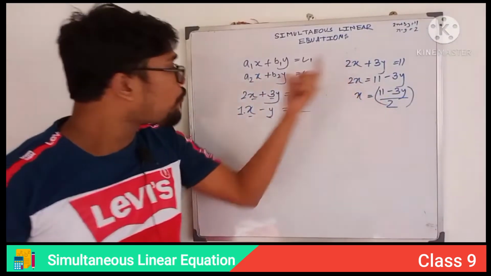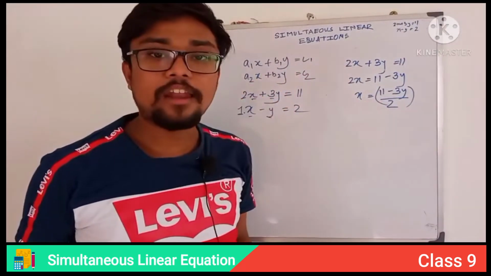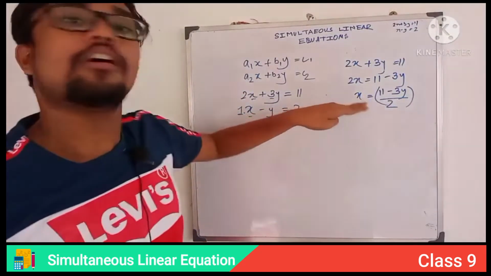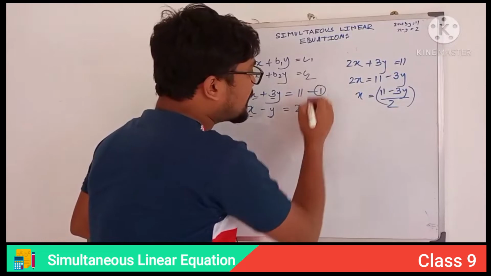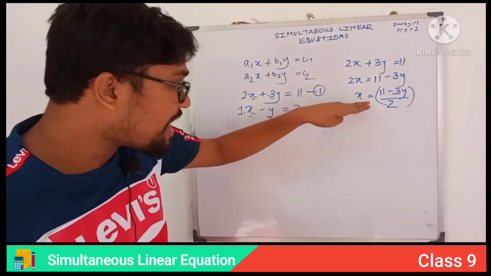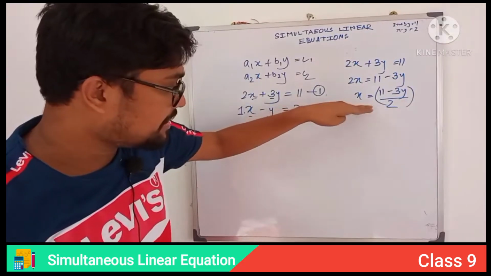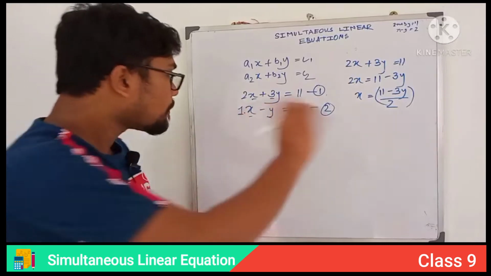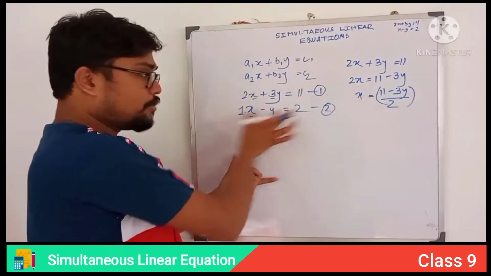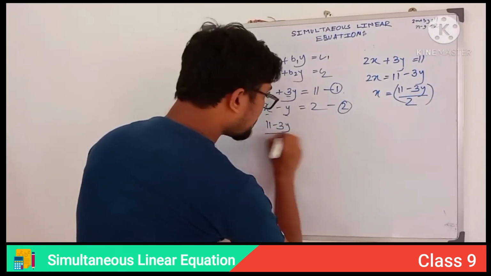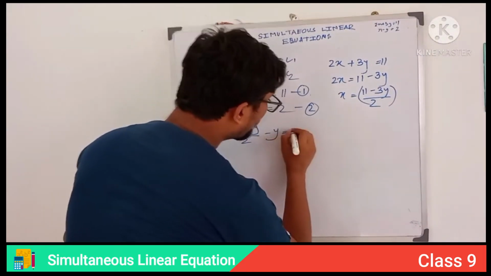Fine. Here from one equation we find the value of x in terms of one variable. Suppose this is equation 1 and this is equation 2. Now we put this value of x into equation 2. What happened? We get (11 minus 3y) by 2 minus y equal to 2.